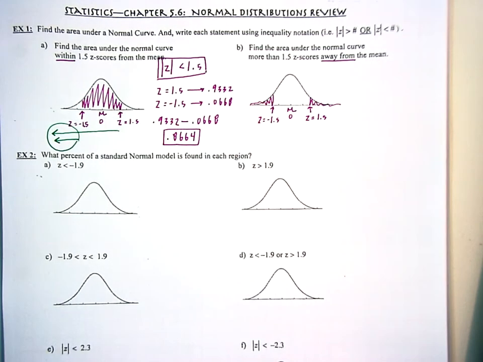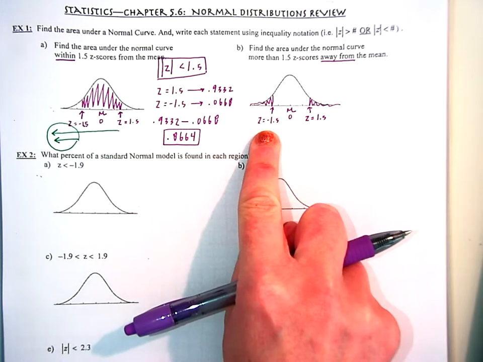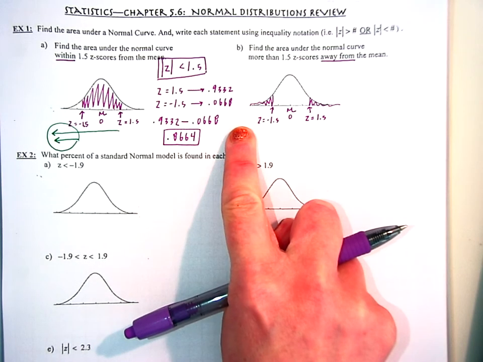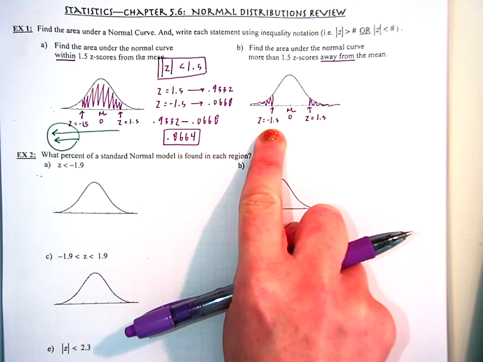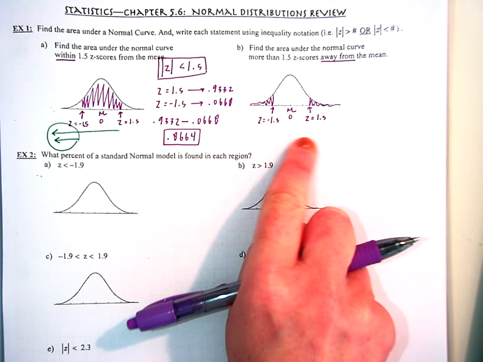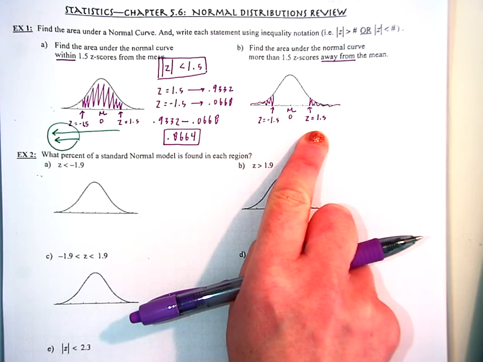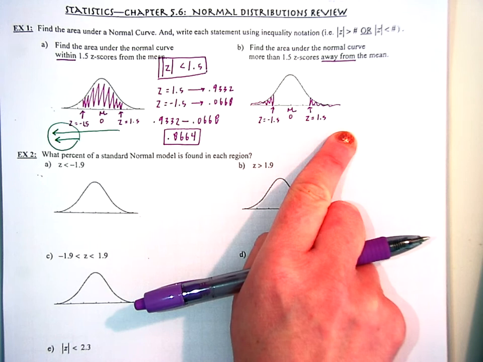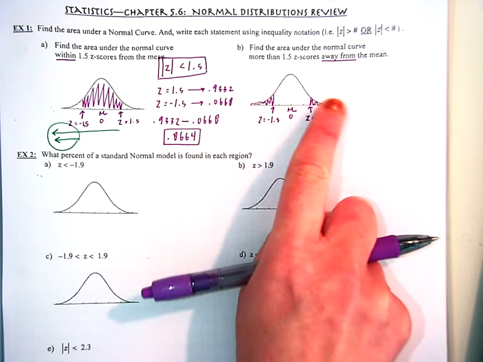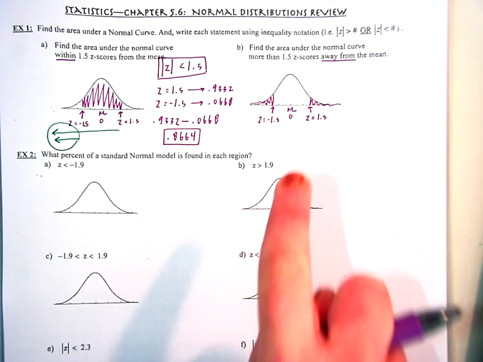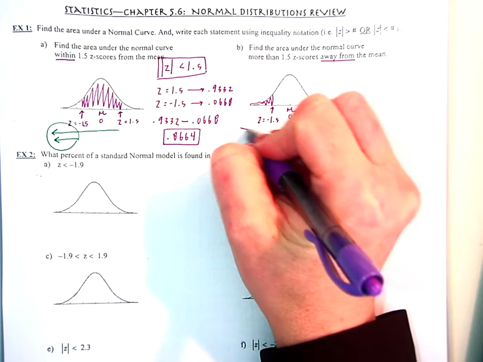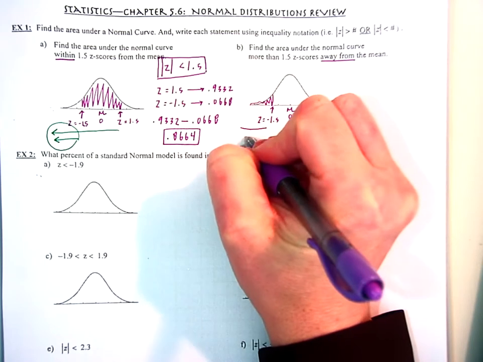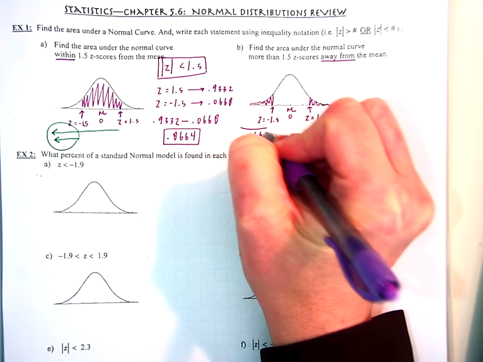And I just want to remind you that when I look up a z-score of negative 1.5 and I look at the area that's to the left, if I look at the z-score that has the same magnitude, so if this is negative 1.5, the z-score with the same magnitude would be 1.5, same distance from the mean, the area to the right here is going to be the same. These areas will match. So I really just have to find one of them, and I already did in the previous problem. So this area right here was 0.0668.